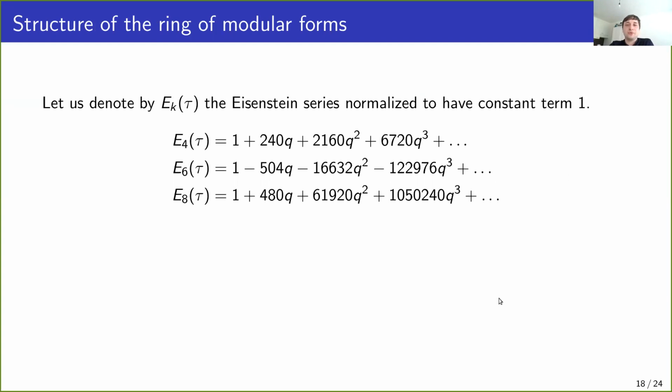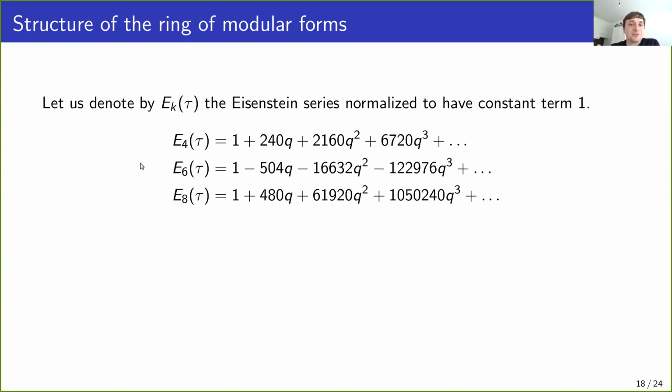Okay, so we have some functions, and now from this formula on the previous slide, we can compute the Fourier expansions. It's convenient for small indices to normalize Eisenstein series to have constant term 1, which makes it easy to multiply them. Well, at least the first few terms are easy to multiply. So the first few functions are written here.